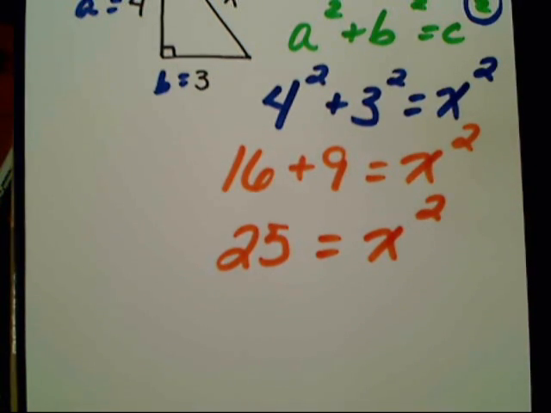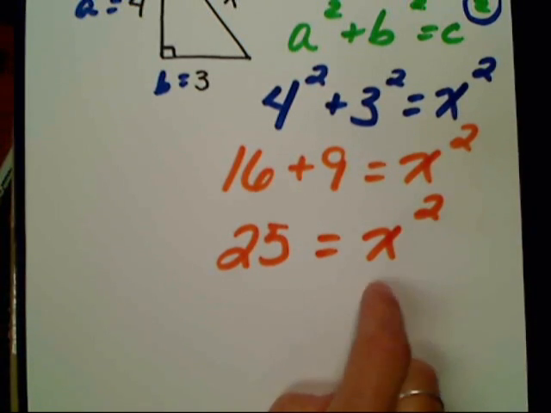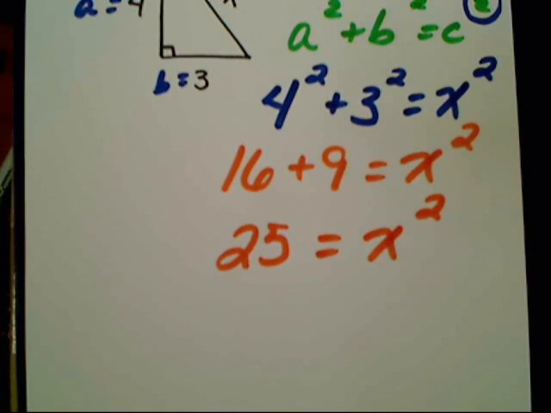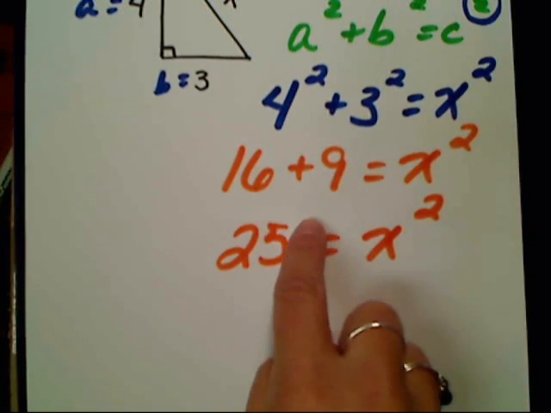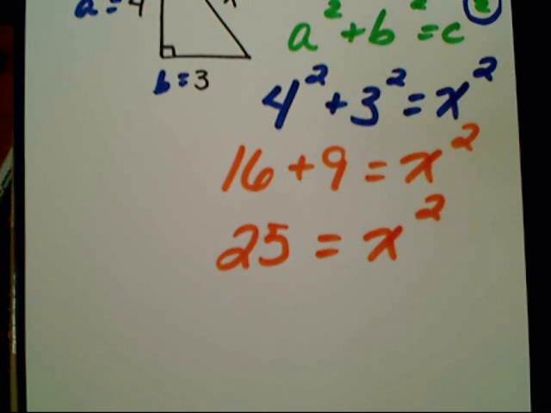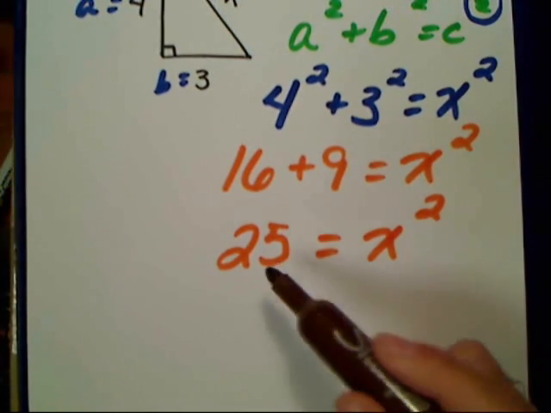Right? Well, that's all fine and dandy, but we're not done yet. 25 is what x squared is equal to. I don't want to know what x squared is, I want to know what x is. Now, remember, whenever we do anything in math land with an equation, we can't just move something from this side over to that side. We have to do the inverse operation, the operation that will cancel this. So some number squared is 25.